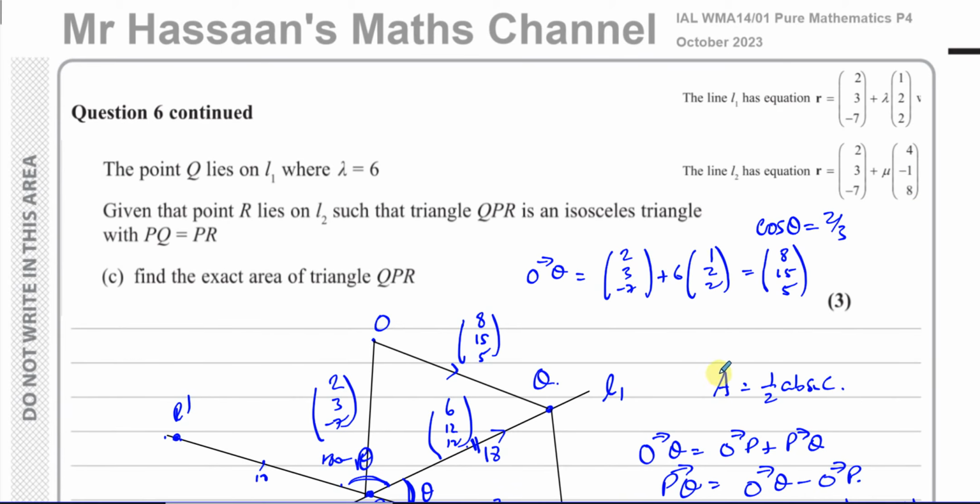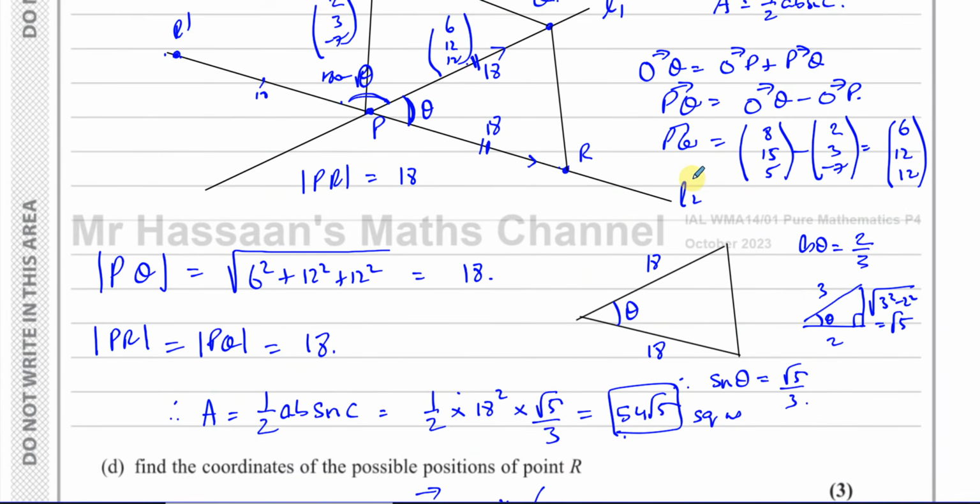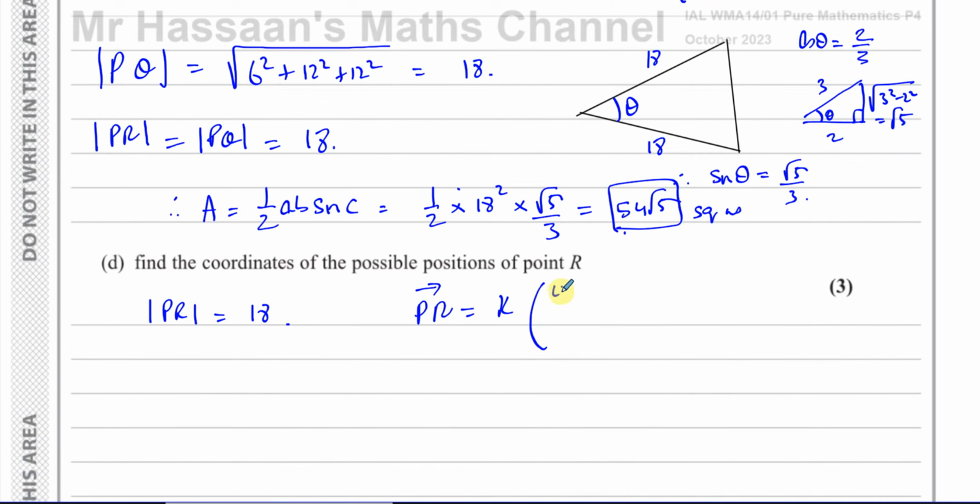When two vectors are parallel, they are multiples of each other. So it's going to be some multiple of (4, -1, 8).